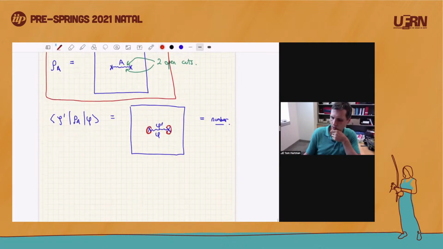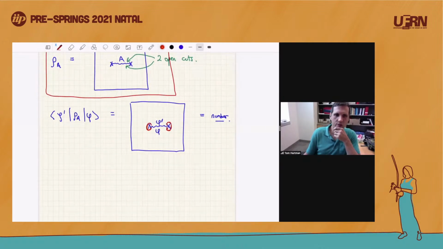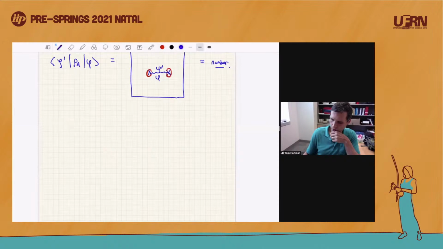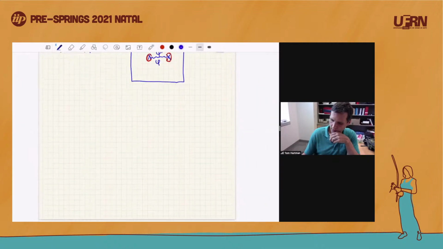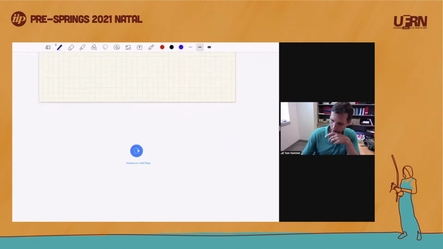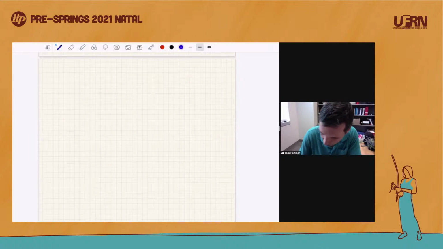Okay, so we can now write down the path integral for the replica partition function. So we're going to need a new page for this one. So here it is: trace of rho A to the n.